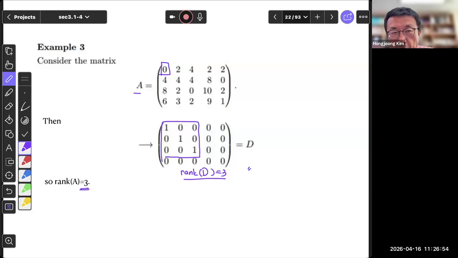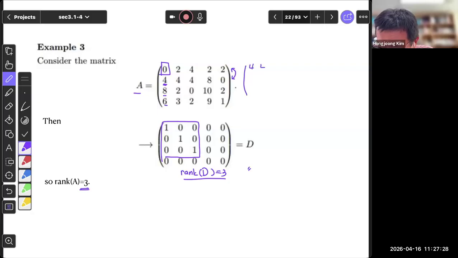But if you have 0, then you need to perform an interchange operation with the first row. You can choose any other row as long as in that column you have a non-zero value. So for example, if I consider the second row and interchange these two, what do I get?